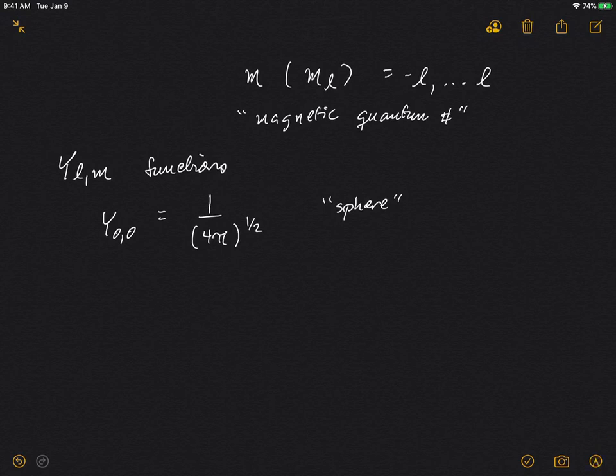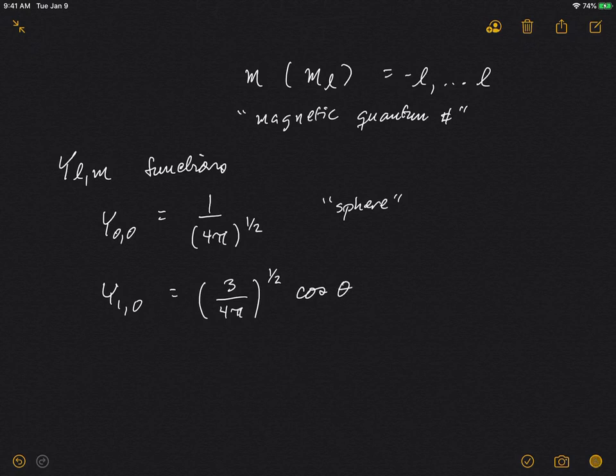And the Y10 has a normalization constant out in front, 3 over 4 pi to the half, cosine theta.